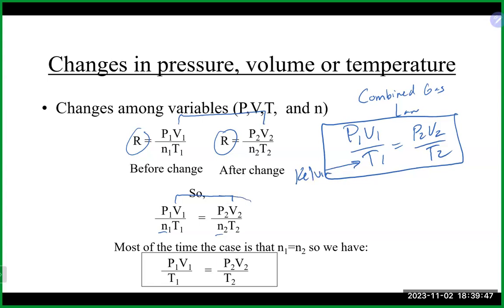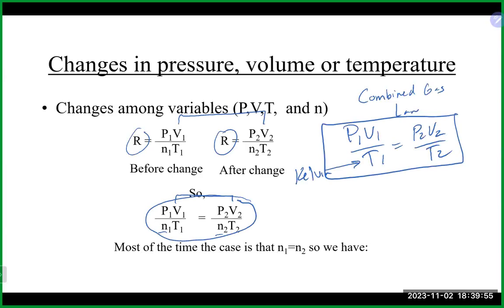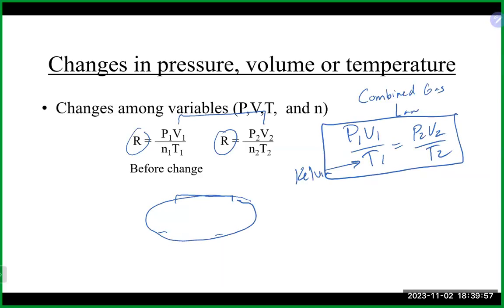Since you do need to know these gas laws, if you want to invest your time wisely, I would say you should invest it into remembering the combined gas law, P1V1, if you want to remember the n1V1 version of it.